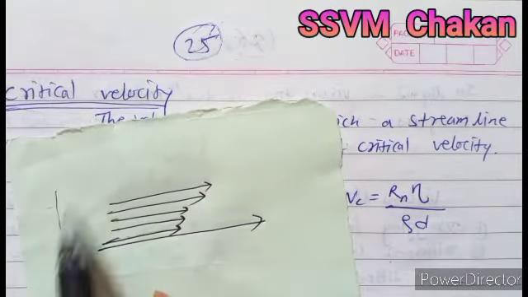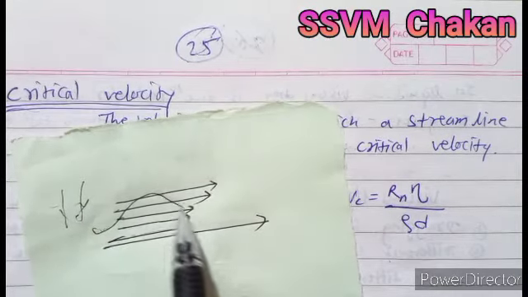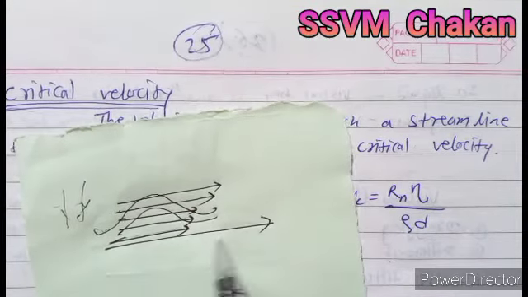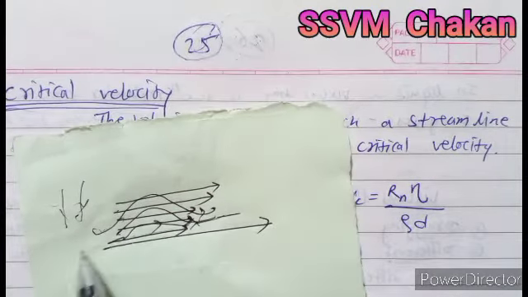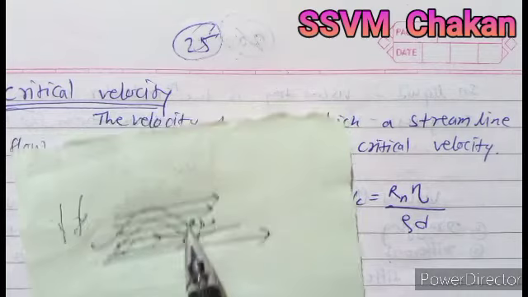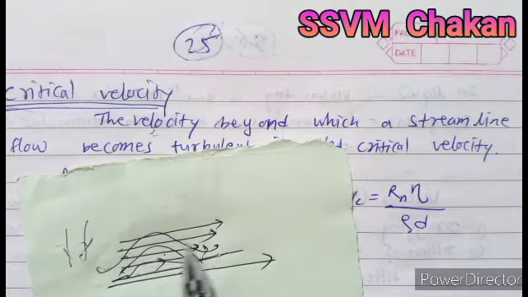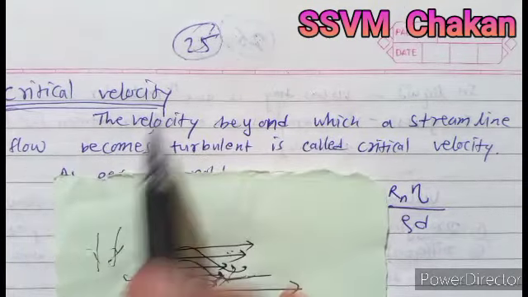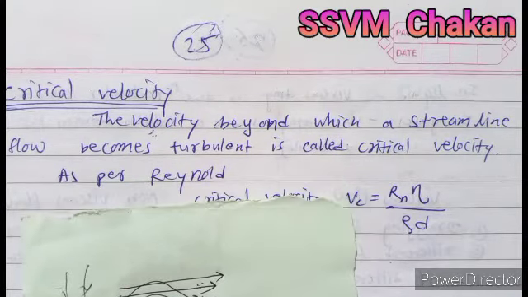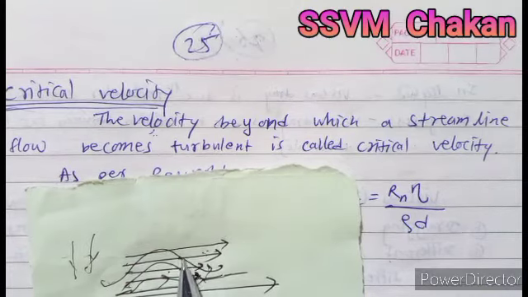If heavy rainfall takes place, the velocity of the water suddenly changes and moves up and down, and the water starts flowing in this way. The velocity changes. Streamline flow is now converted into turbulent flow. The velocity after which streamline flow converts into turbulent flow, that particular velocity is called the critical velocity, beyond which the water now flows in a turbulent path.